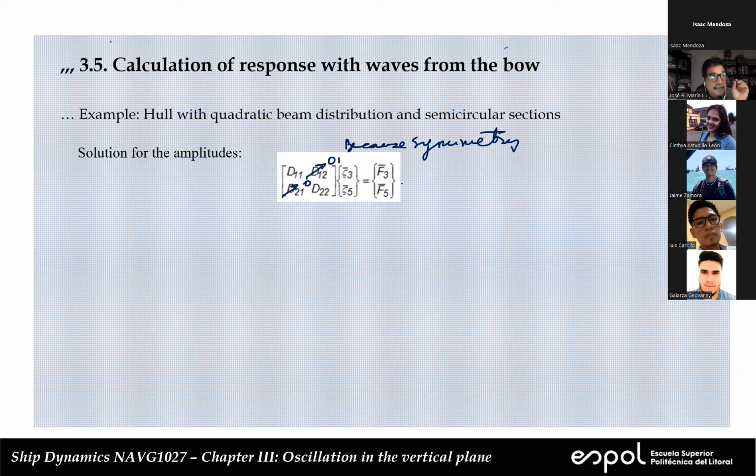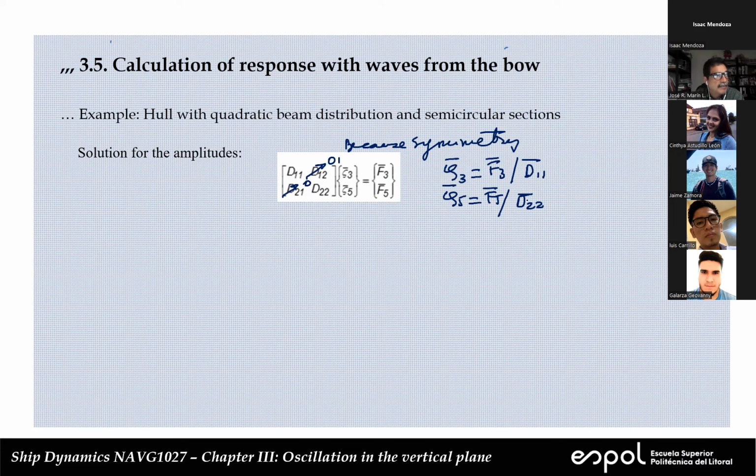So in this case, zeta 3 bar is going to be equal to F3 divided by D11, both in general complex. Similarly for zeta 5, the F5, we write it like an F with the force, but it's really a moment, and we divide it by D22.